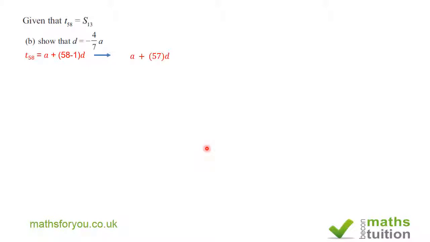We also know that s sub 13 from part A is 13 over 2 into 2a plus 13 minus 1 d, which we simplified to 13 into a plus 6d.